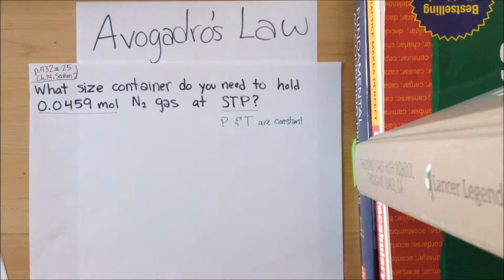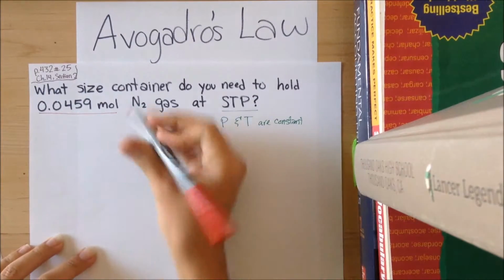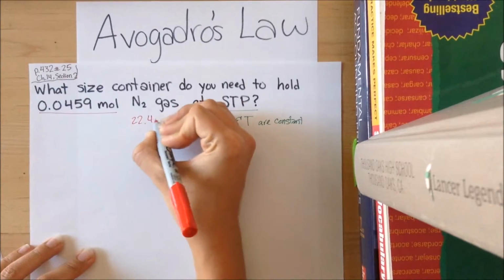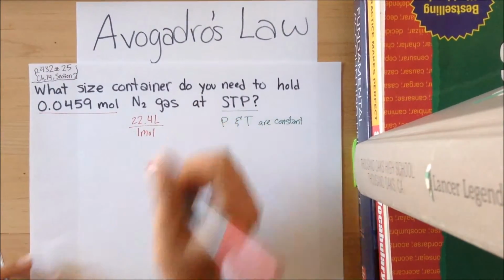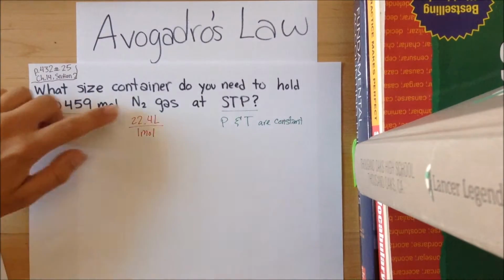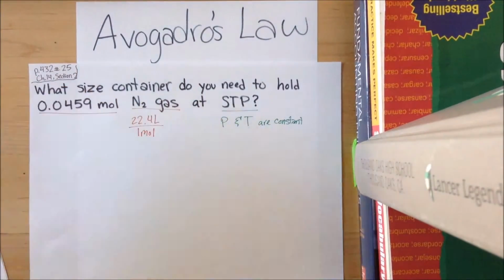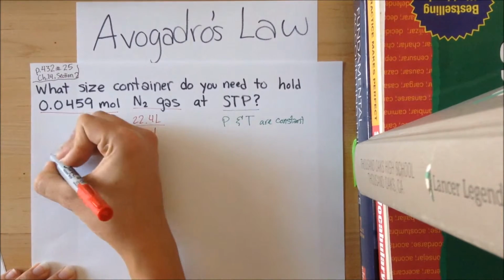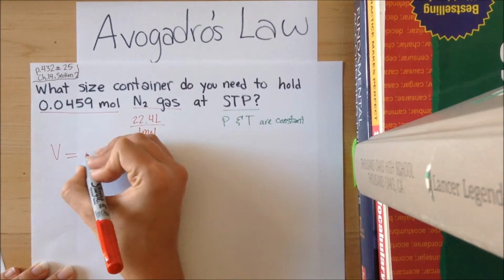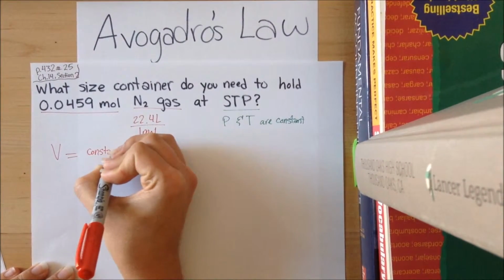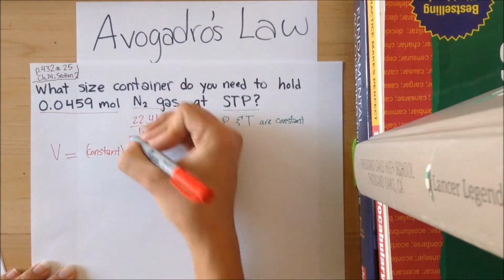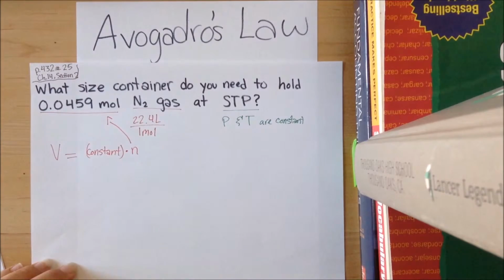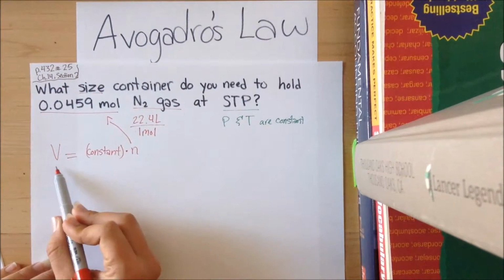We also know the constant, 22.4 liters per 1 mole, is for gases, and since this is a gas, we can use that constant. So then we can go to V equals constant times the number of moles, which is 0.0459, and it's asking what size container, so that's going to be the volume.